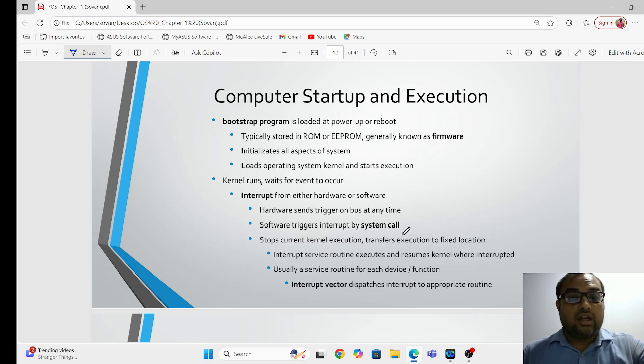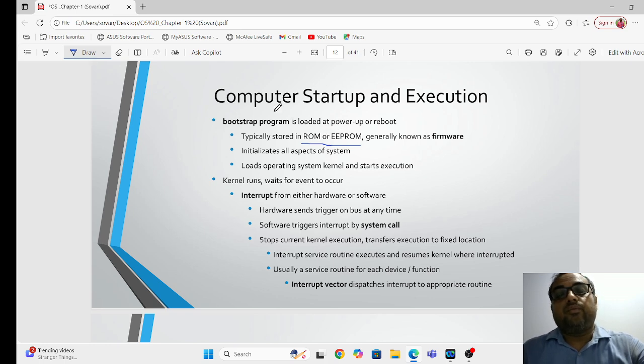This program will first be loaded into our ROM, because we know the ROM or EPROM is non-volatile memory. It is primary memory and it is stored permanently, but it is not stored in the RAM, because the memory is volatile. When you turn off the system, it will be erased.